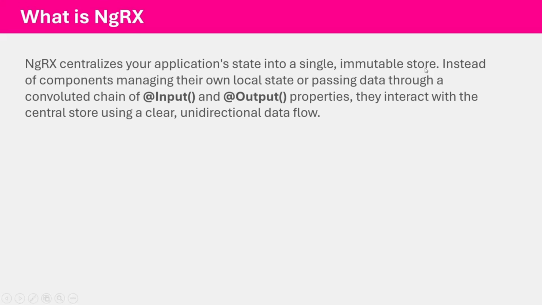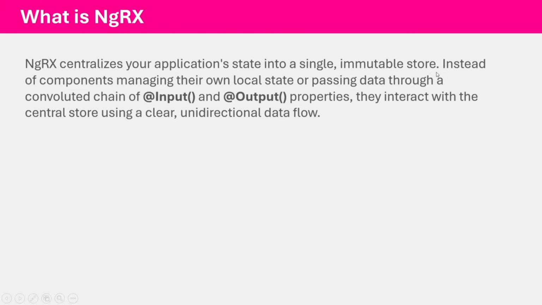Any data, any state which your Angular application might need, we are going to keep in the NgRx store. Instead of components managing their own local state or passing data through a convoluted chain of input and output properties, since all the states are available in a single place, in a single store, any component which needs to use a state can access it from that store.